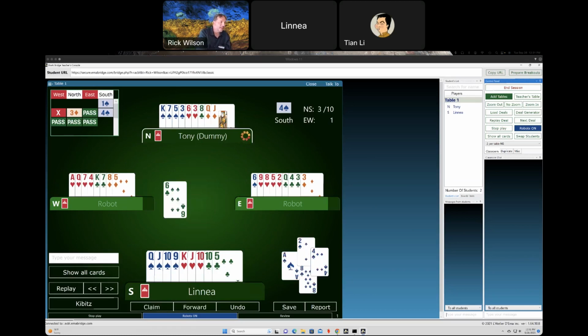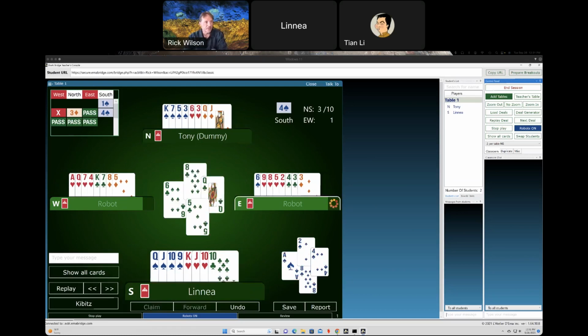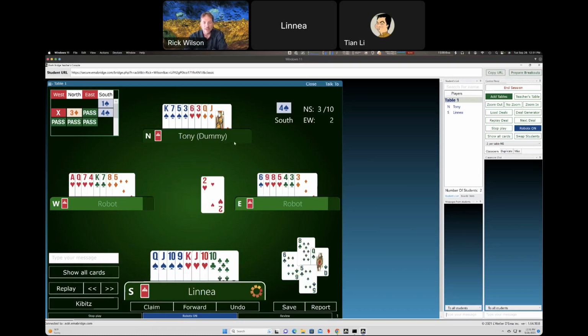I accidentally picked a hand that is a defense problem, and the robots are playing excellent defense. So good for them.